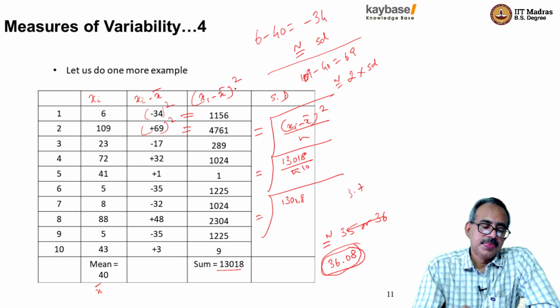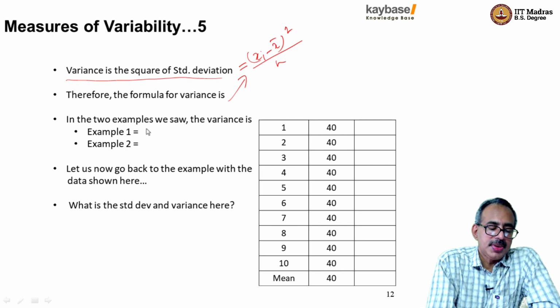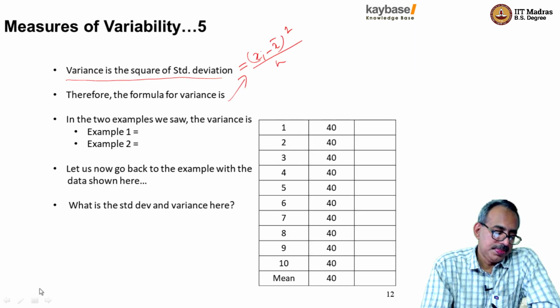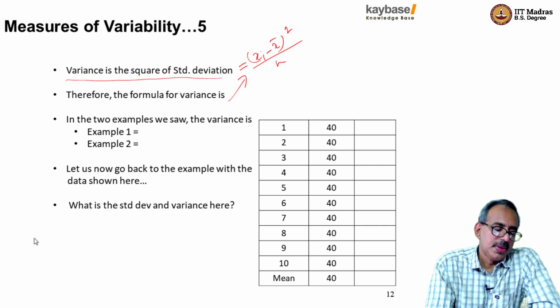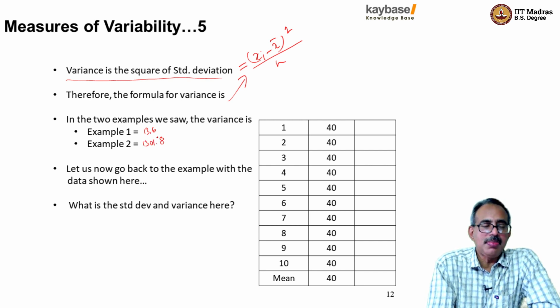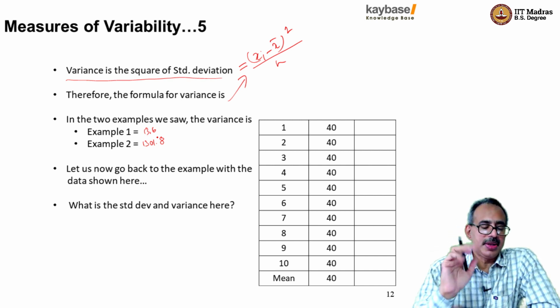Excellent. And the second one is? The second one is 1301.8. So here variance is simply 13.6, and this is simply 1301.8. The number we got before we took the square root is the variance.